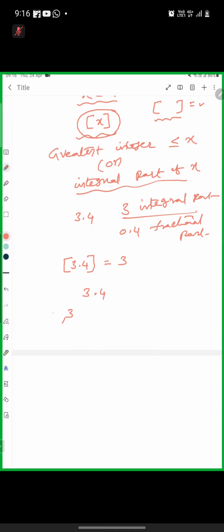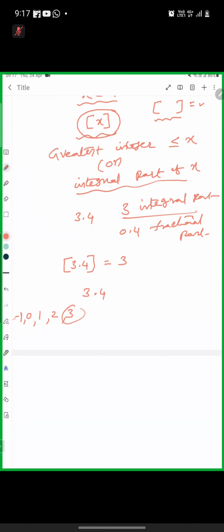3, 2, 1, 0, minus 1. These are all integers that are less than 3.4. Among all these integers, which is greatest? 3.